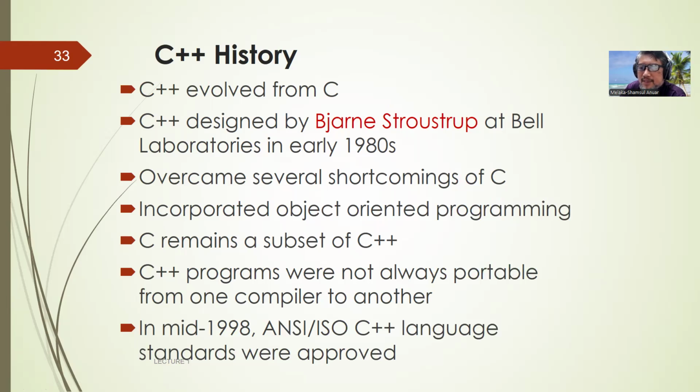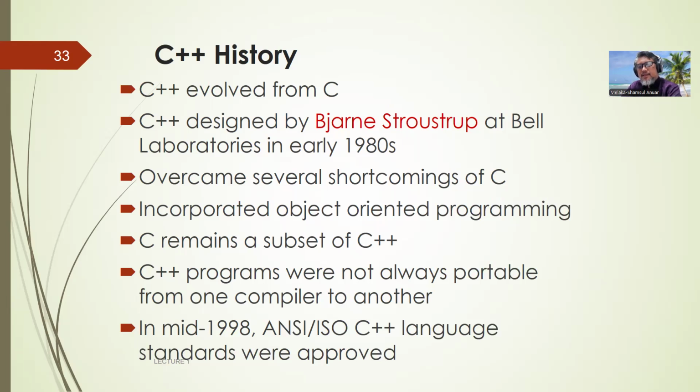It overcame several shortcomings of C. So it is supposed to be an improvement of C. It incorporated object-oriented programming, and C remains a subset of C++. C++ programs were not always portable from one computer compiler to another.